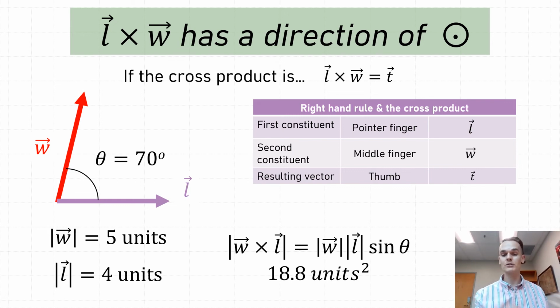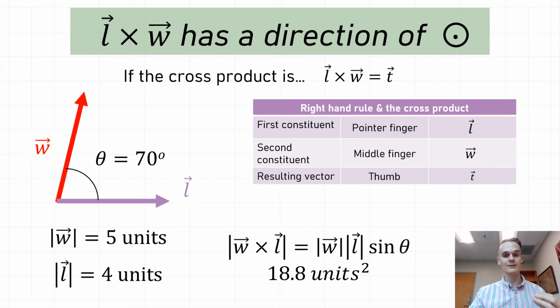So whenever you switch the order of the cross product, the resulting vector direction flips. Whenever we had vector W crossed with vector L, the resulting vector pointed into the board. But whenever we did vector L crossed with vector W, the resulting vector pointed out of the board.